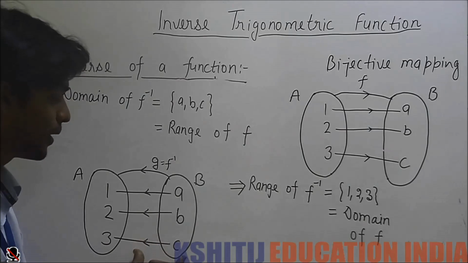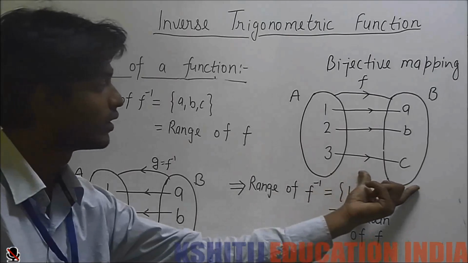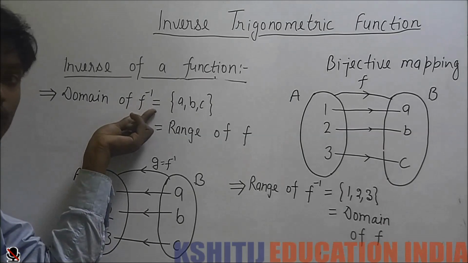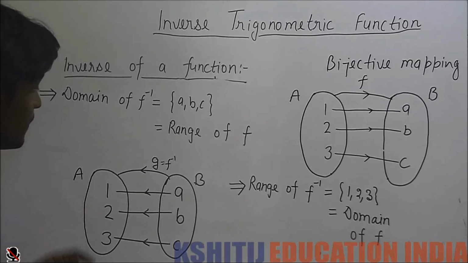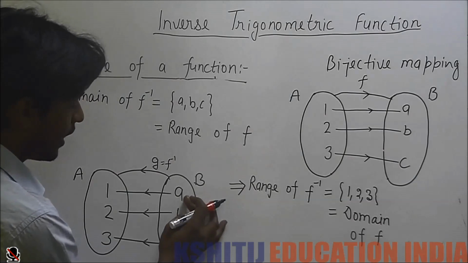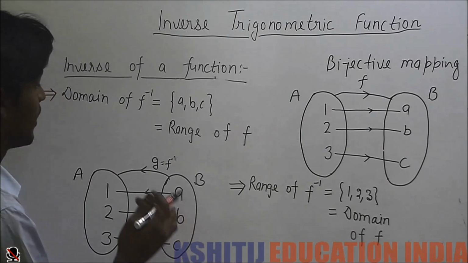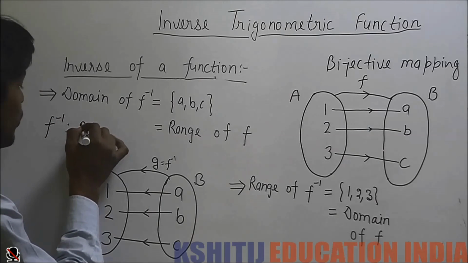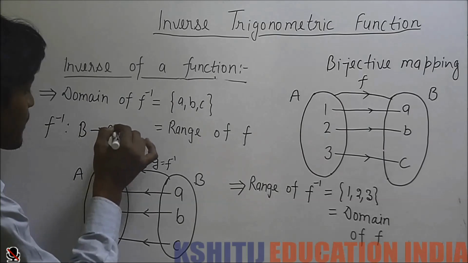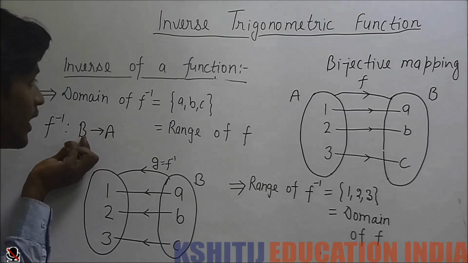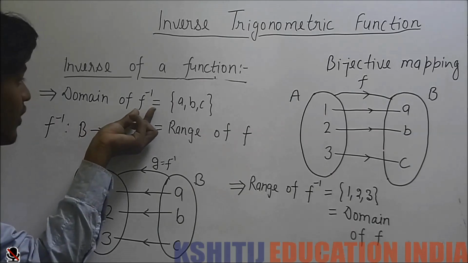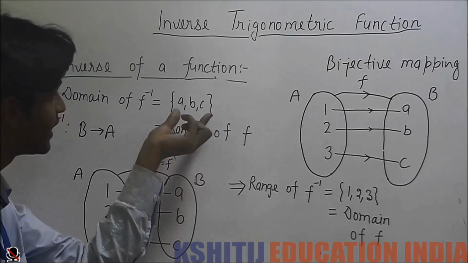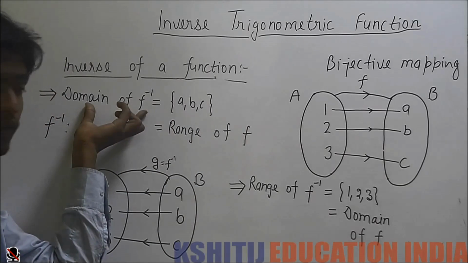So on the basis of these two, we can define the domain of the f inverse, which is A, B and C, because we know that the f inverse is defined from B to A, where the set B is the domain of the given function f inverse. So here we have the elements A, B and C, which are the domain of the f inverse.